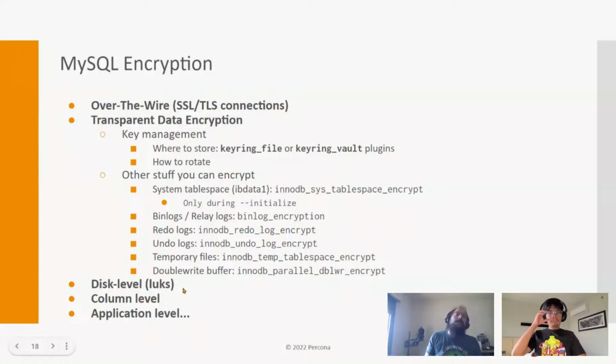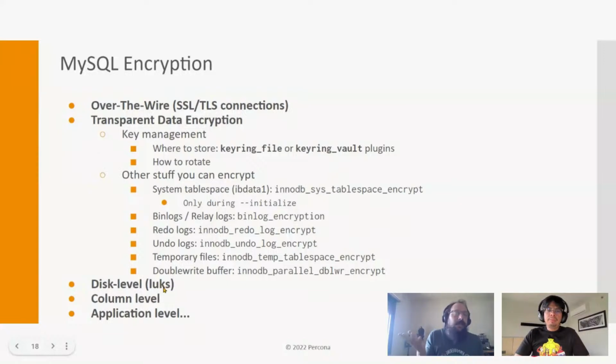And now, to the next level, which is disk level encryption. This is at the operating system. I could have mentioned it before, but I thought it fitted better here. And there's something called LUKS, the Linux Unified Key Setup.